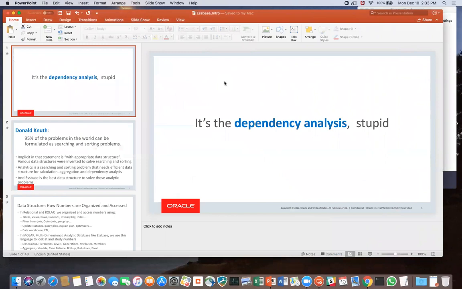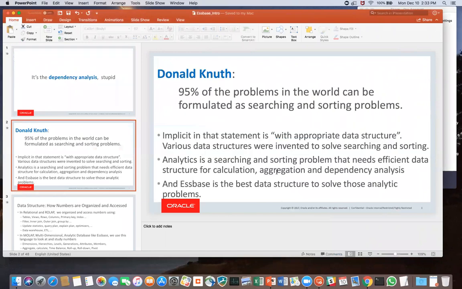It's very critical for an analytic engine to do a good job in terms of the calculation as well as the aggregation. Just restating what I said earlier, Essbase is the best data structure to solve the analytical problem.